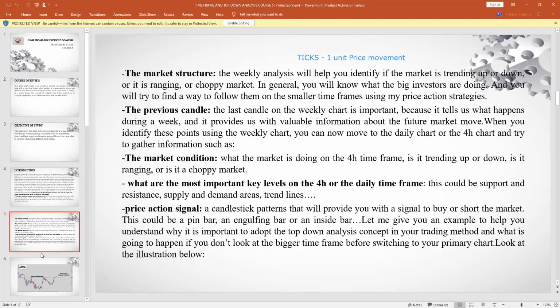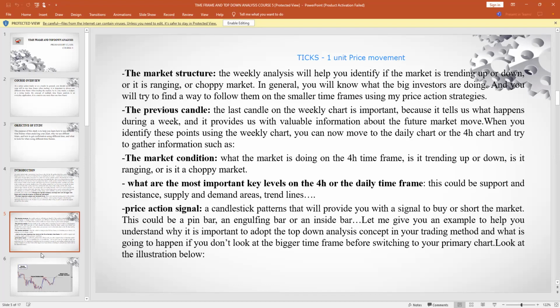The next thing is you want to look at the previous candle. This is under the assumption that you're trying to trade on the 4 hours time frame. You're looking for trades on the 4 hours time frame, and that's why we're talking more about the weekly time frame.